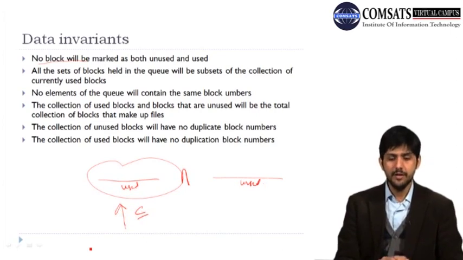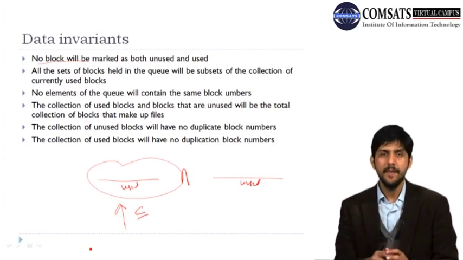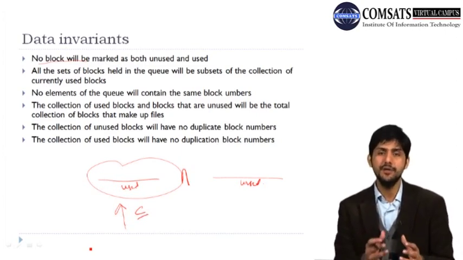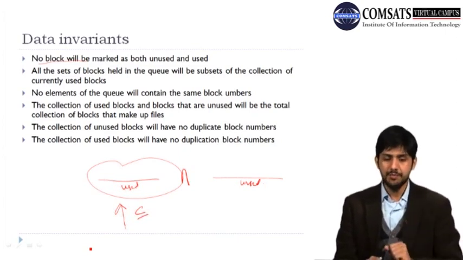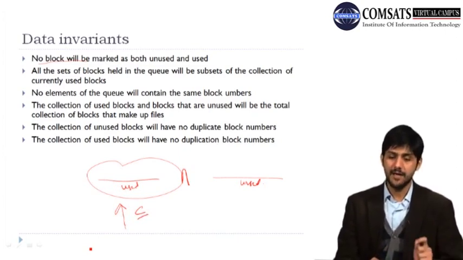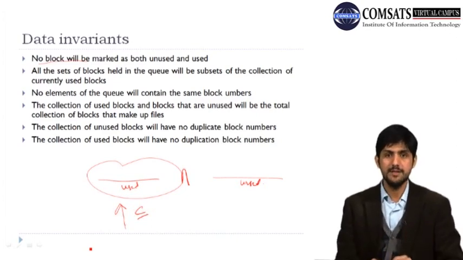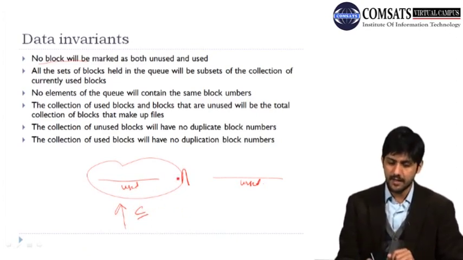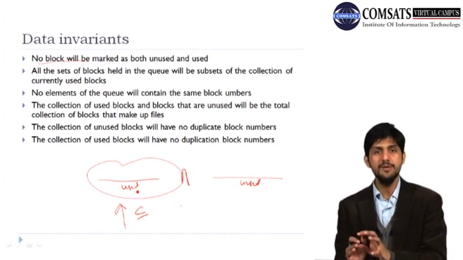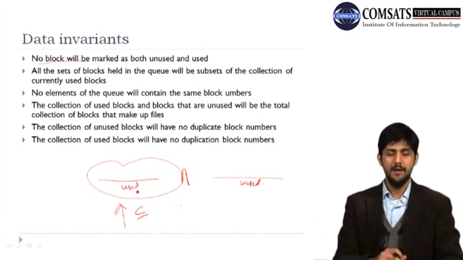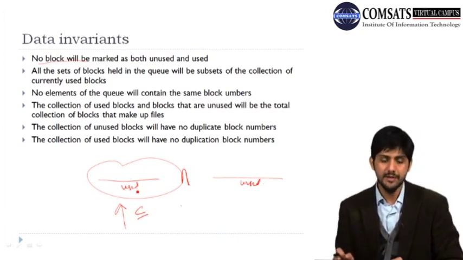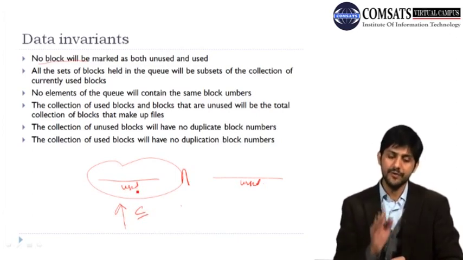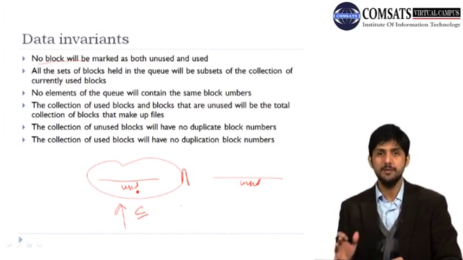No elements of the queue will contain the same block numbers. It cannot happen that within your queue you have repetition of blocks. The collection of used blocks and the blocks that are unused will be the total collection of blocks that make up files, so the union of used and unused blocks should be all the blocks in the system. The collection of unused blocks will have no duplicate block numbers, and similarly the collection of used blocks will have no duplicate block numbers.